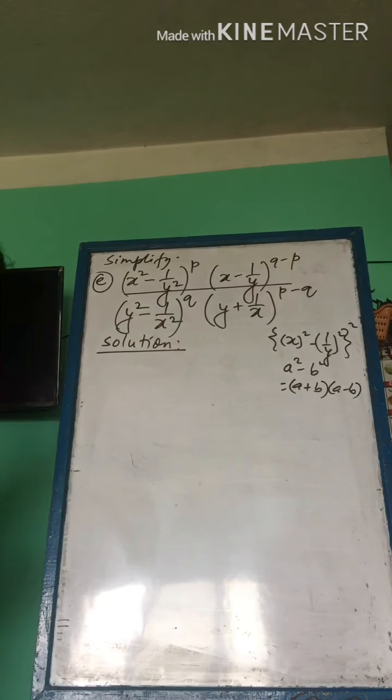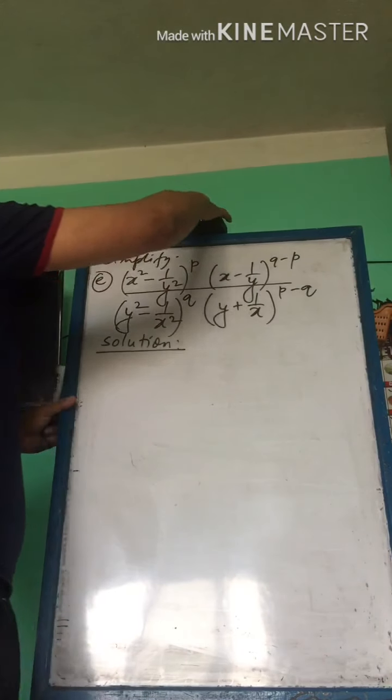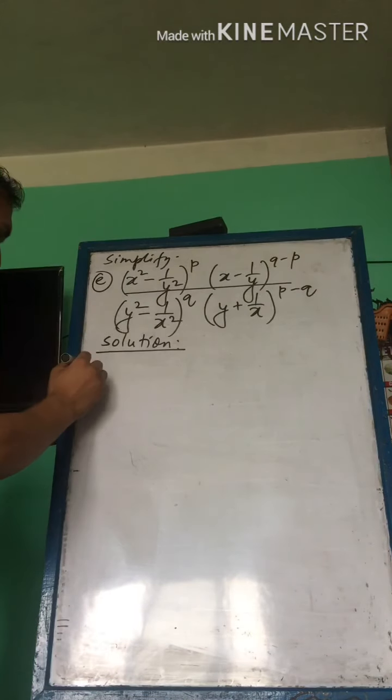Let us do it. That is equal to, let me give a big bracket over here, and here also. This is also in the form of a square minus b square. Use the factor formula for a square minus b square.